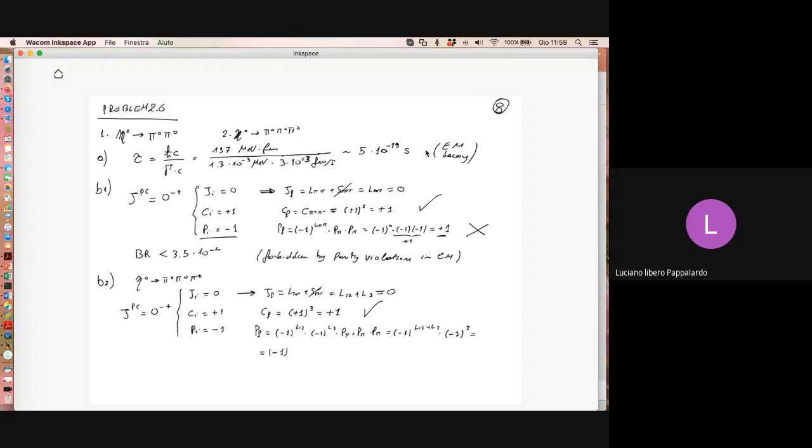So we have (-1)^(L12 plus L3 plus 1). That is (-1) to the 0, as we've seen, plus 1. That is -1. So in this case, we obtain the same parity as the initial state, so parity is conserved, charge conjugation is conserved, and so the decay is permitted.